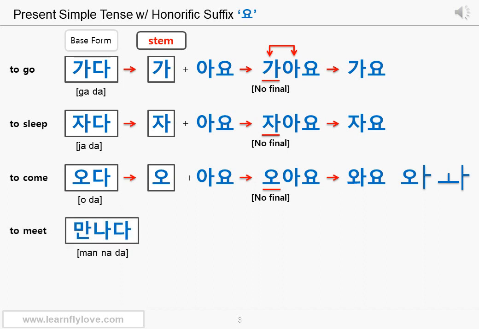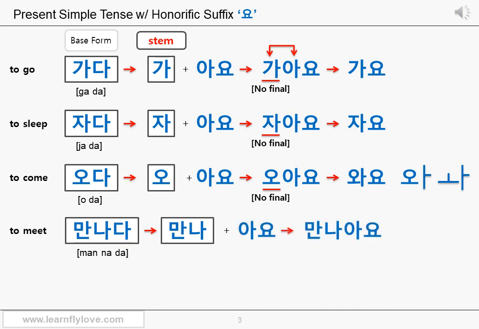Next, the base form of the verb to meet in Korean is 만나다. What is the stem? Please don't say na, and don't even try to say man. The stem is 만나. Two-letter stem this time. And the last letter of the stem is na. This na sound has a vowel.